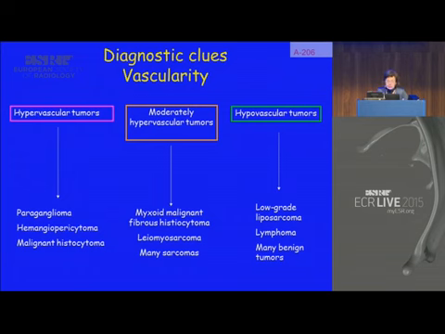Hypervascular tumors are mainly paragangliomas, hemangiopericytomas, and malignant histiocytomas. Hypovascular tumors are either low-grade liposarcomas, lymphomas, or many benign tumors, while moderately hypervascular tumors are mainly myxoid malignant fibrohistiocytomas, leiomyosarcomas, and many sarcomas.